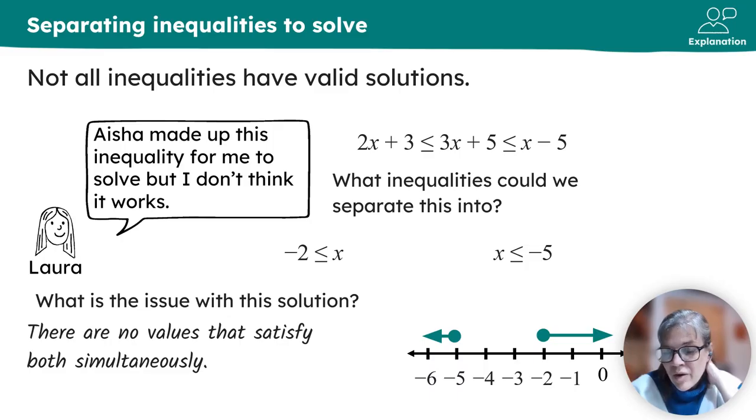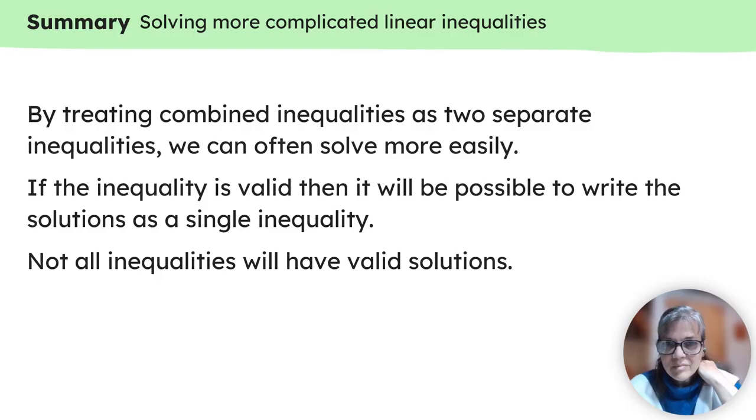There are no solutions where both are true. So if you have more complicated linear inequalities, you can separate them into two things and solve it more easily. If it is valid for both, you can write it as one single inequality, but not all inequalities will have a shared region.